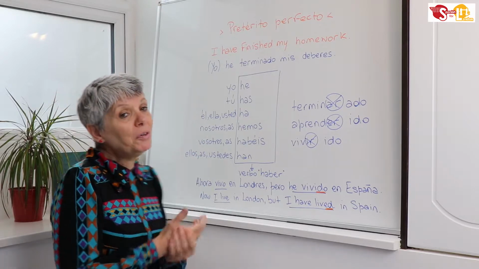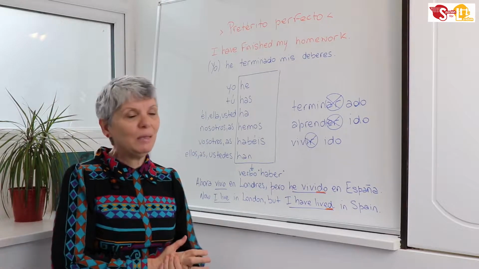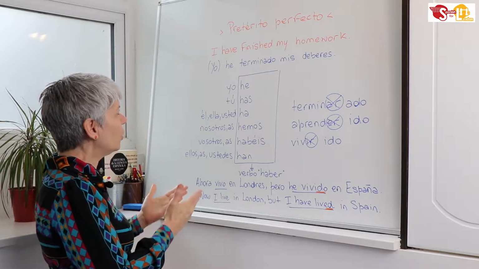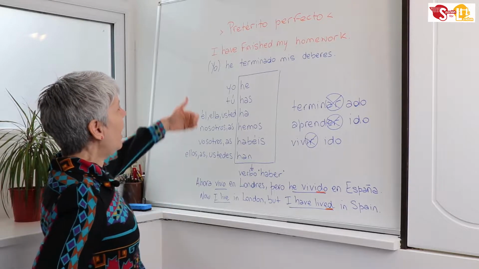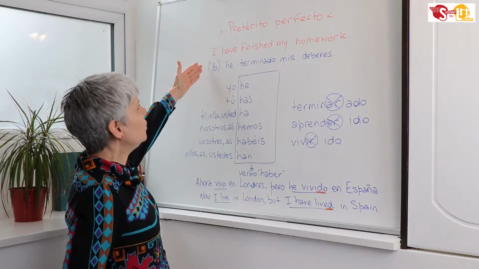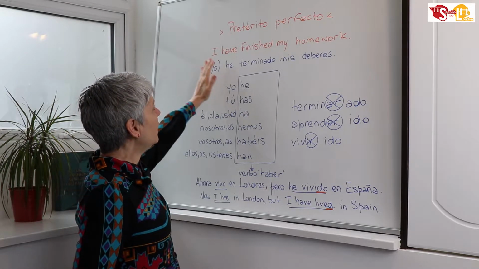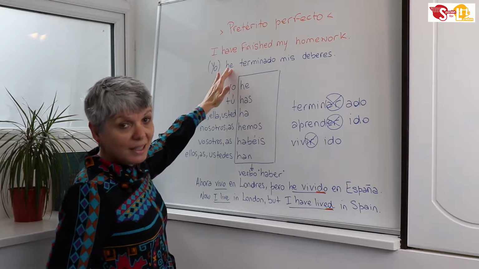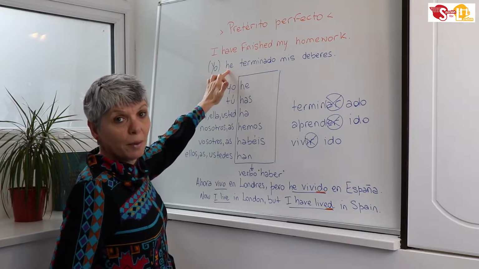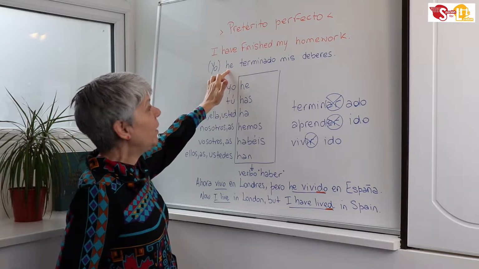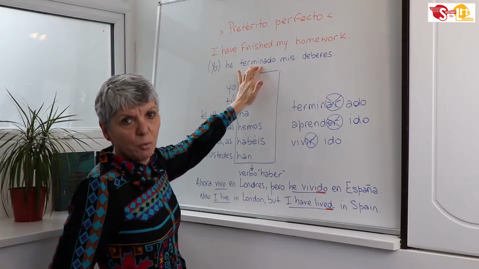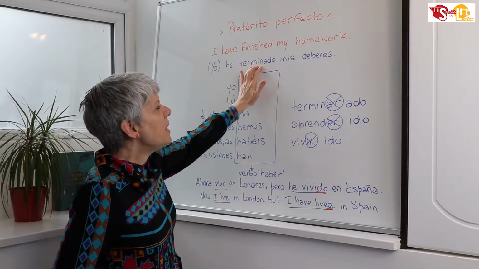Okay, and the form is really similar, so it's very easy to form this tense. So I have finished my homework is yo he terminado mis deberes. Now, for this, we use an auxiliary verb. As in English we use the verb to have as an auxiliary verb, and then we use the main verb. Why do we say the main verb?